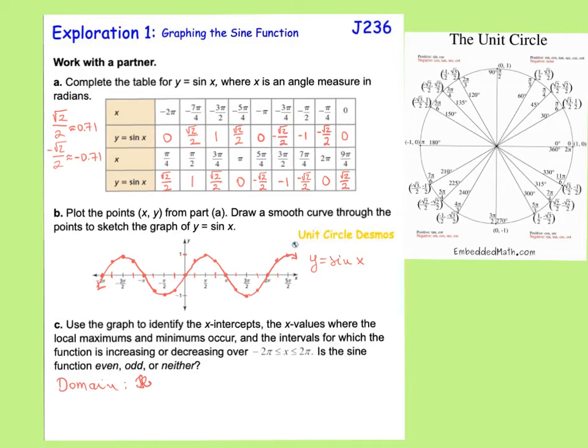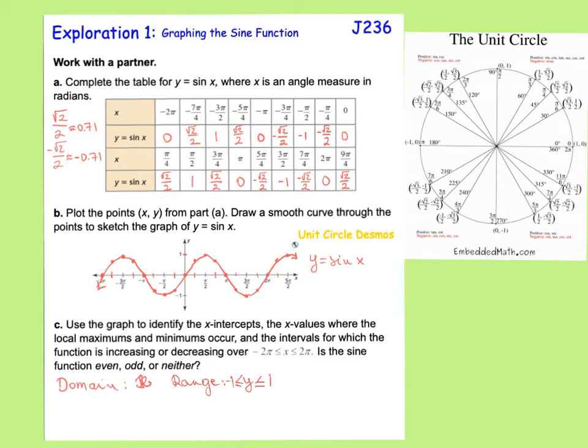Then if we look at the range, since this graph is oscillating between 1 and negative 1, again we can write that as an inequality. So our range is going to be y is greater than or equal to negative 1, but less than or equal to 1.